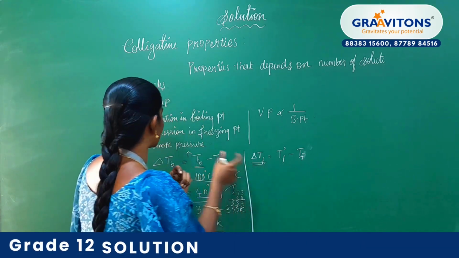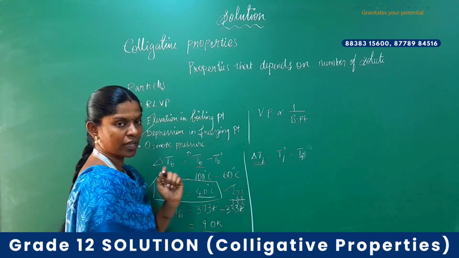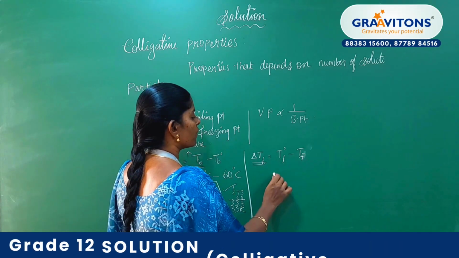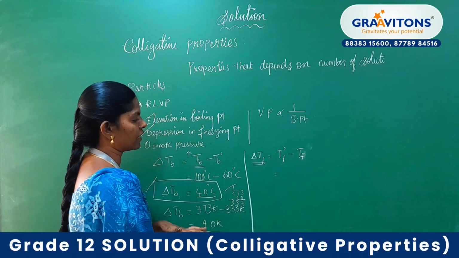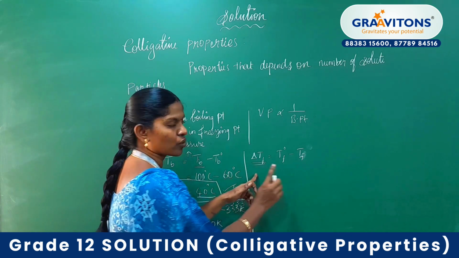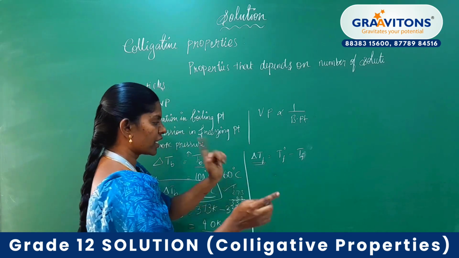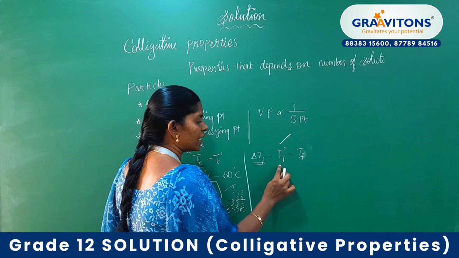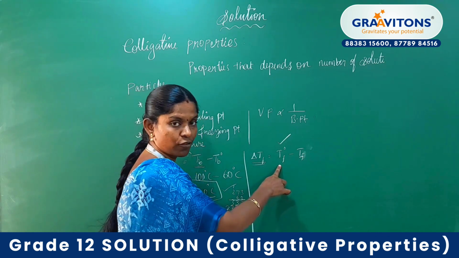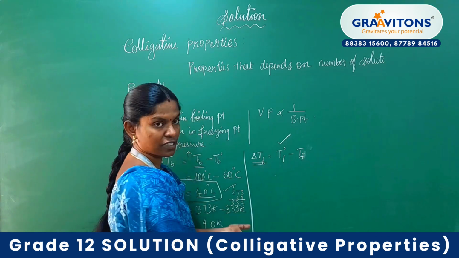That's why we call it depression in freezing point. In this case also, whether you take degree Celsius or Kelvin, the delta TF value is not going to change. Instead, if the question asks for TF, then you should be very careful, because degree Celsius and Kelvin are different.